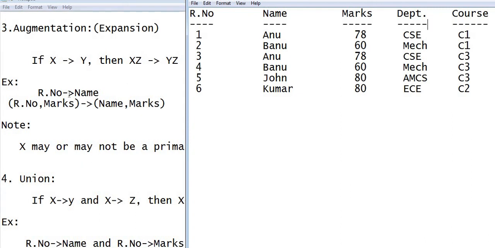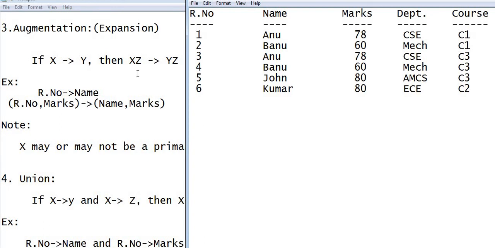If X determines Y, it means if roll number determines name, then XZ determines YZ. What is augmentation? We are adding an extra attribute to make the relation bigger. Here Z is marks.